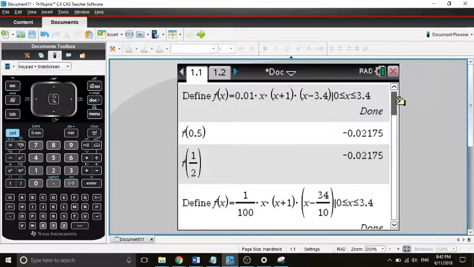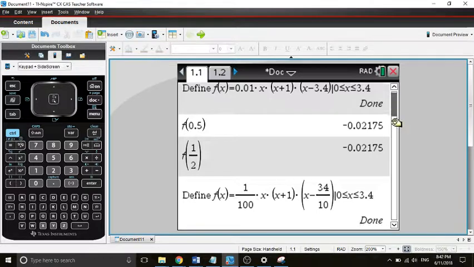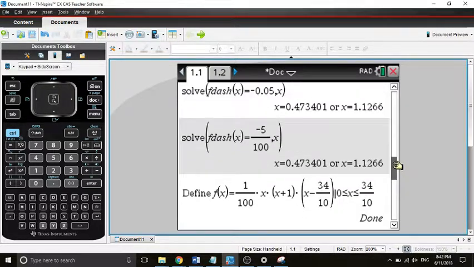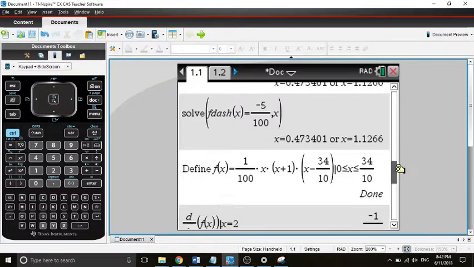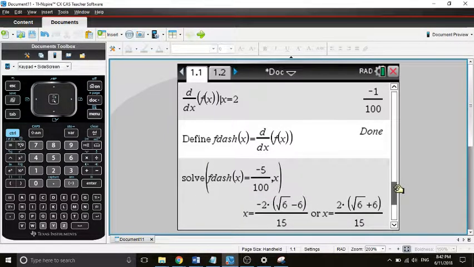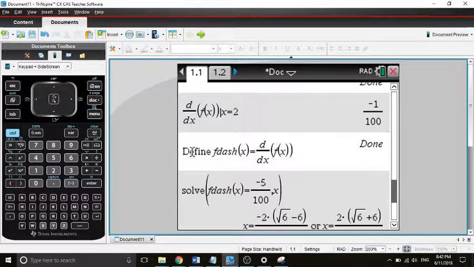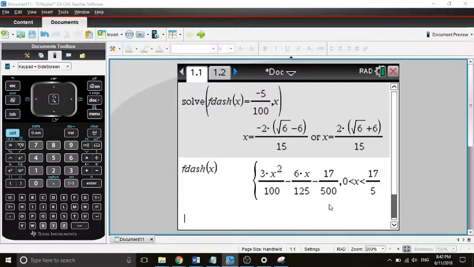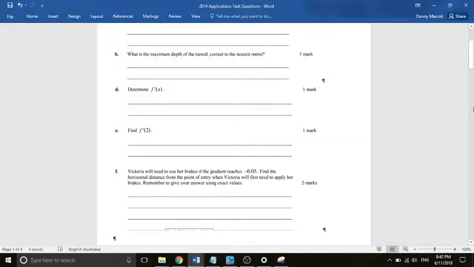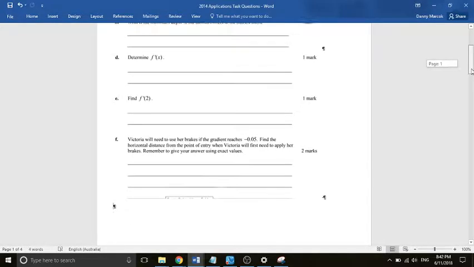From there, I got a better derivative. I've defined f dash of x as the derivative function, and that ended up with these exact answers. So that's what we end up with for that one.